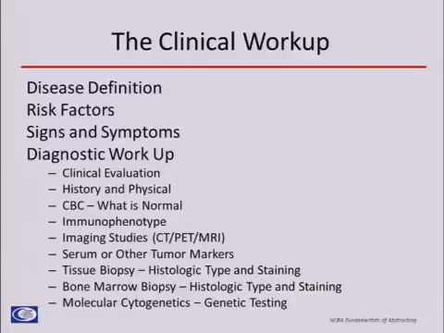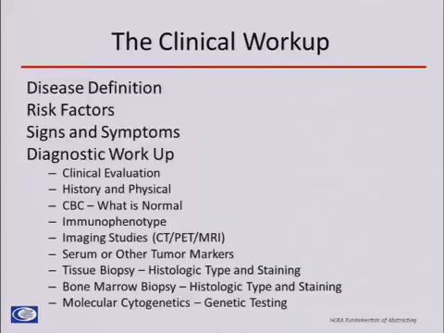And then for the diagnostic workup, look at all this stuff that can be done. So what's done first? A clinical evaluation. Patient comes in, says, I feel horrible, I'm fatigued, I got these bruises. So they do a clinical evaluation. They usually will start with the CBC, a complete blood count. Basic, simple. Let's see if this person's anemic or there's something else going on. Part of that clinical evaluation is also a history and physical, because they want to know, were you exposed to certain viruses, because some of them are viral related.